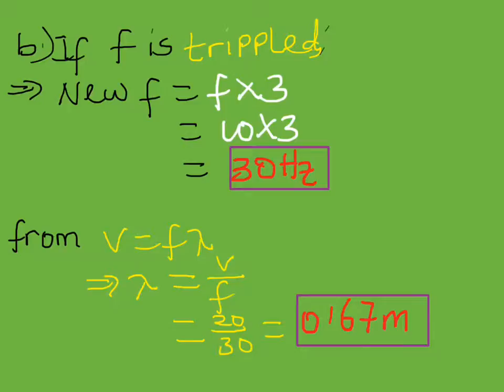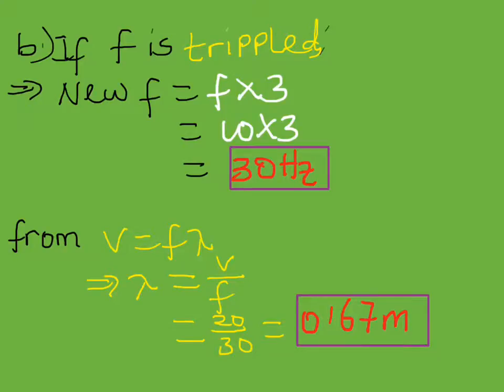The spacing between the troughs means the distance between one trough and the next, and that gives the wavelength of the wave. So from our equation of velocity equal to frequency times wavelength, we make wavelength the subject of the formula, which gives wavelength equals velocity over frequency.